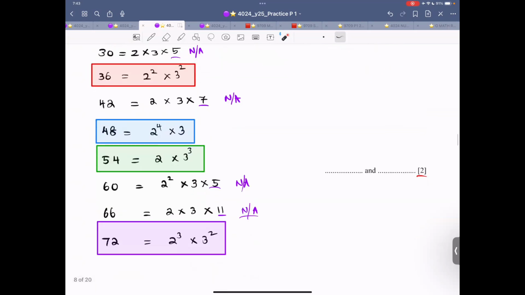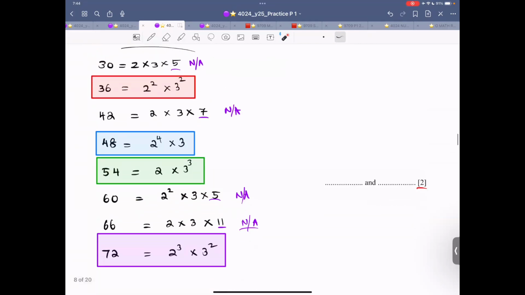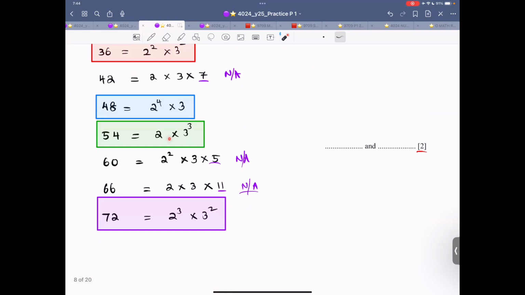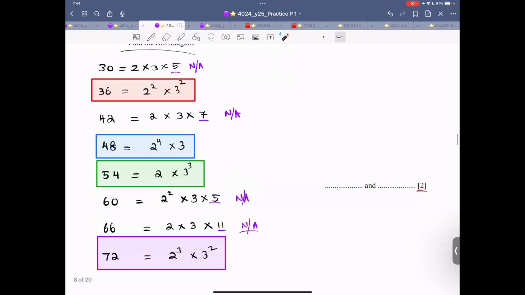I need a 3 square. If I consider these two, then it would be 2 square and 3. Again, that's not what I need. I need 2 and 3 square. If I consider these two, 2 and 2 cube, that is 2. And 3 cube and 3 square, I have this thing. So I think I'm narrowing down my search to these two.